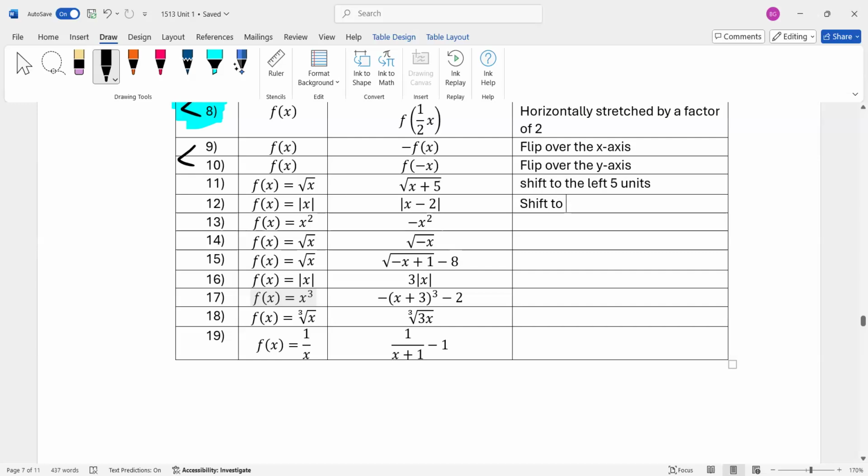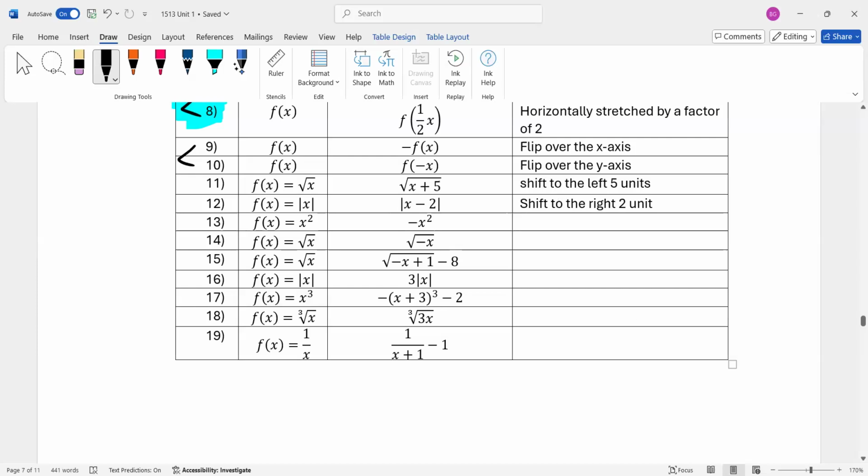How does it change horizontally? The whole graph is going to shift to the right 2 units, right? Because x has to be 2 units bigger in order for the function to have the same input and the corresponding output.